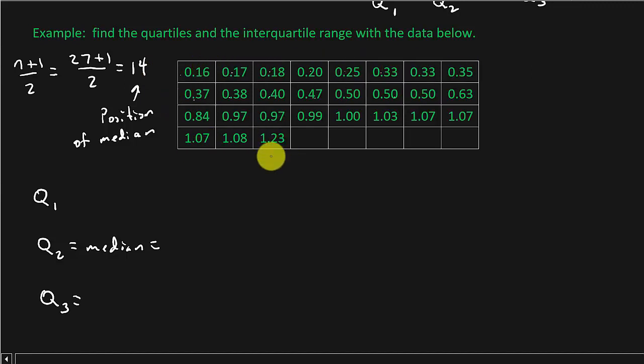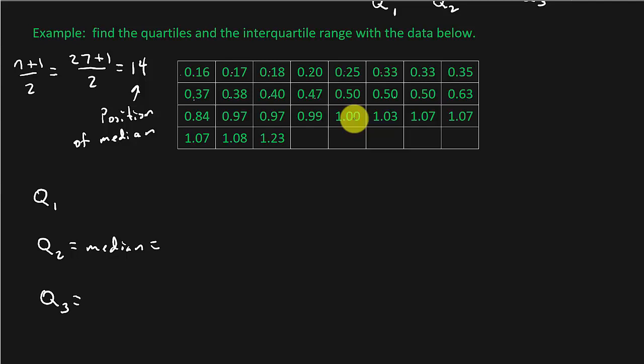So we've got the data ordered from smallest to largest. Now, when you're given this data and you're asked to find the median, your teacher may or may not put the data in order. If they don't put the data in order, then that would be the first thing you need to do. But this one's already in order from smallest to largest. So we're in the 14th position. So we've got 1, 2, 3, 4, 5, 6, 7, 8, 9, 10, 11, 12, 13, 14.